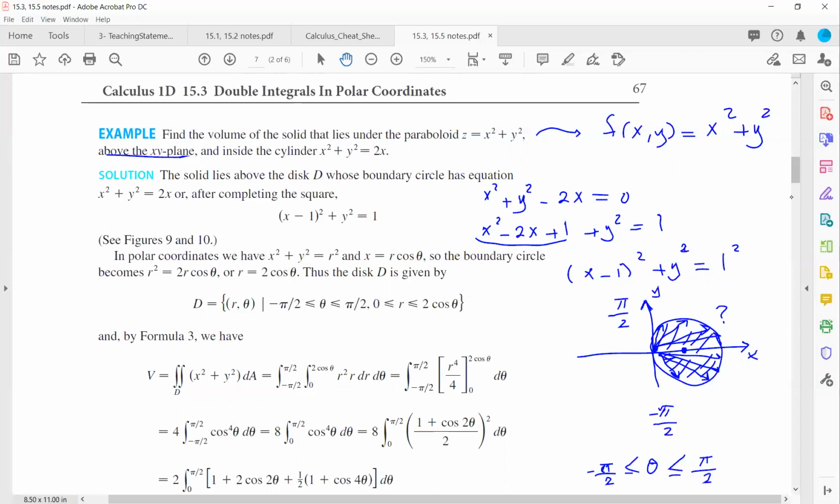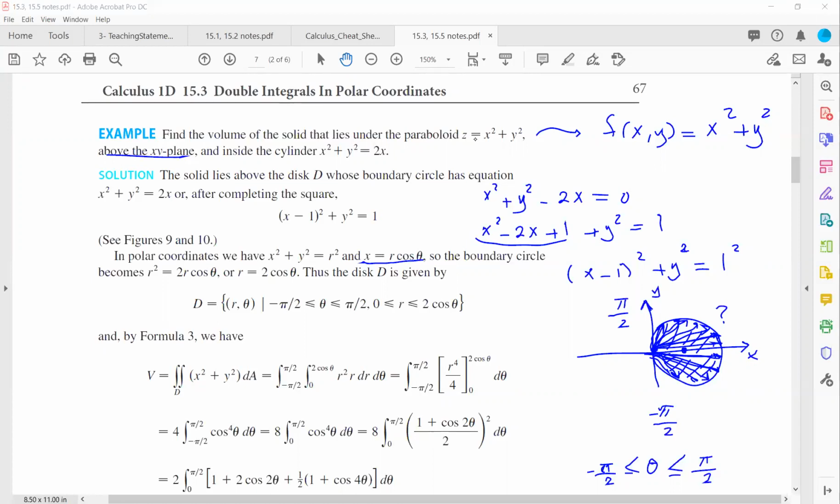We can plug in x equals r cosine theta and y equals r sine theta. r ranges between these. It's not a fixed number, it's a function.